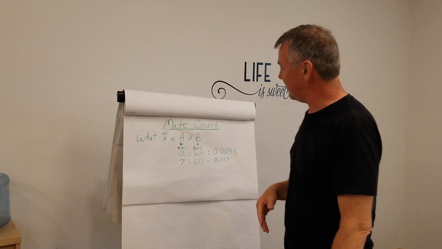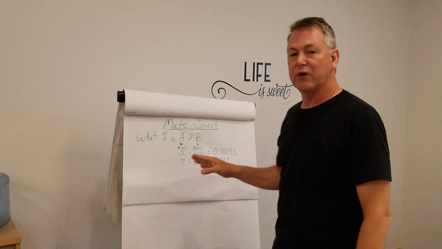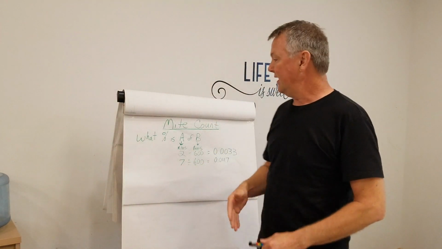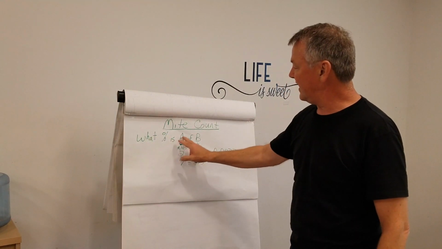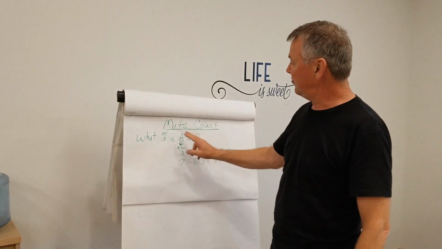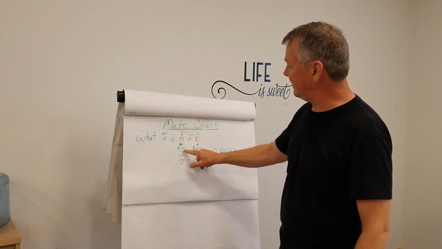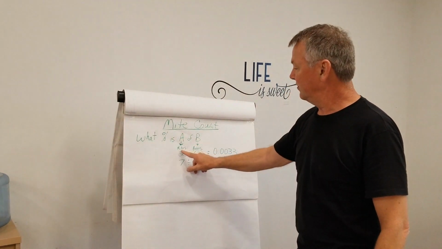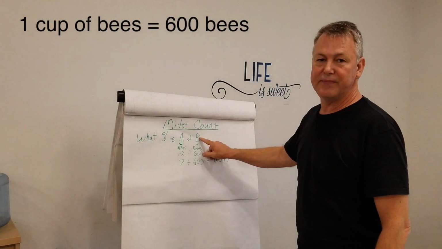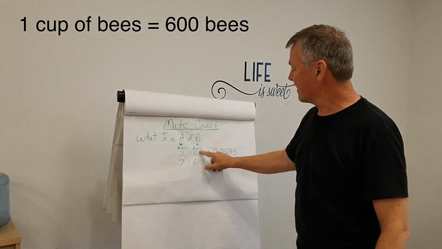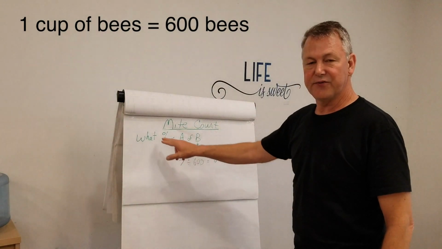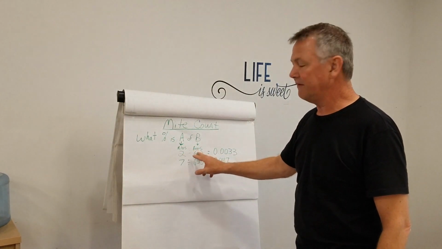So let's look at the mite count. In the hive that we sampled, we want to come up with a percentage. And the way that we do percentages, we say what percent is A of B, right? And so in our case, A is going to be the number of mites, 2. B is going to be the number of bees that we sampled, which is 600. So the question is, what percent is 2 of 600?